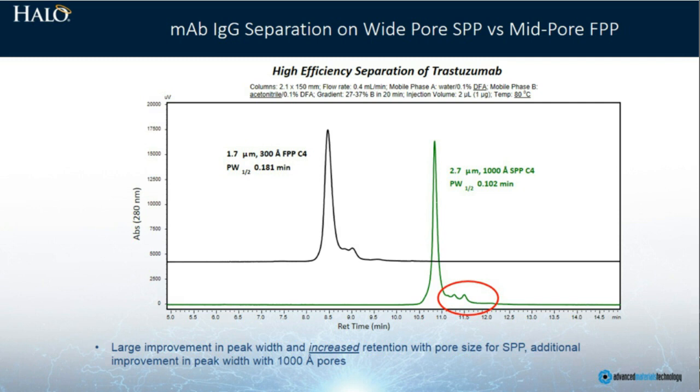Looking at a sub-2 micron, 300 angstrom fully porous particle material in black versus the 1,000 angstrom superficially porous particle material in green, we see not only a better peak width under identical gradient conditions, but a slight increase in retention, suggesting that more of the surface area is available for interaction, plus also greater resolution of the later eluting variants of that monoclonal antibody.